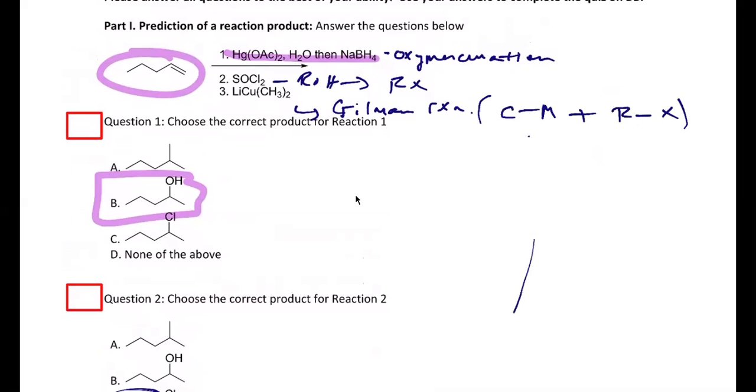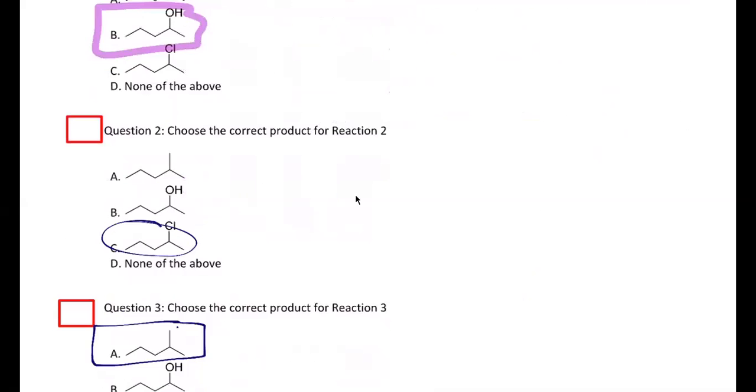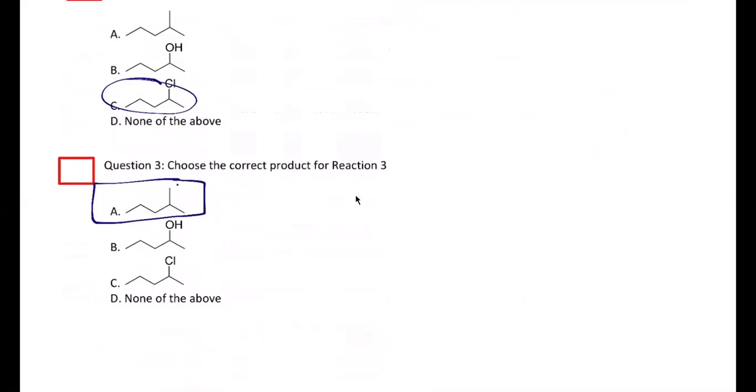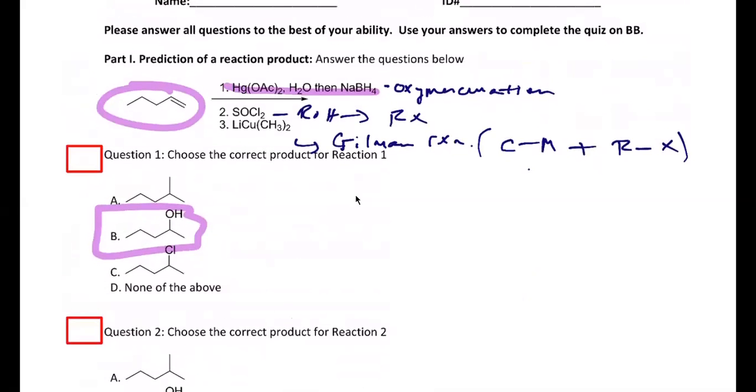So the alkyl halide is RX, right? And let me explain too. The first reaction gave you the alcohol. It's the alcohol that gets reacted on by the second reaction, thionyl chloride. And then what you get from that gets reacted on by the third reaction.